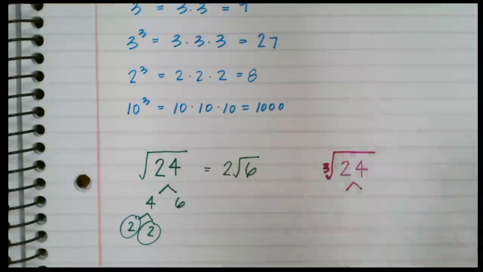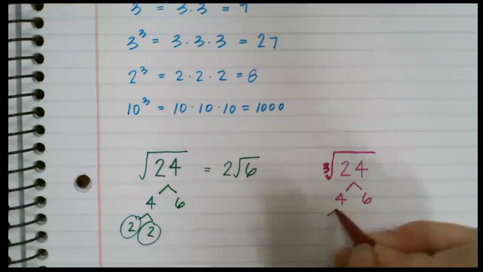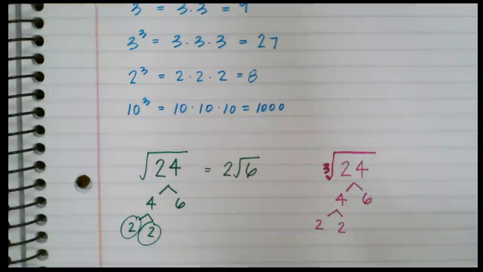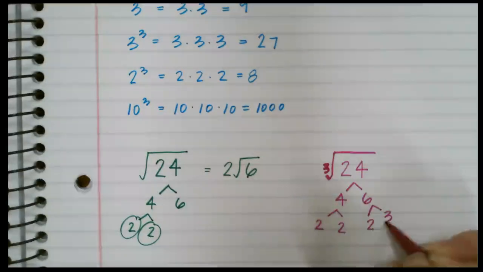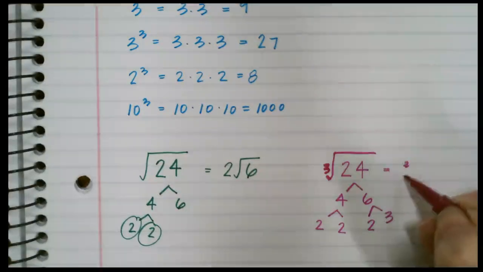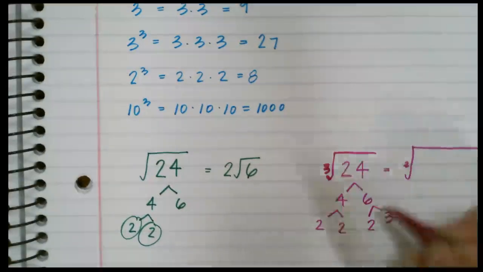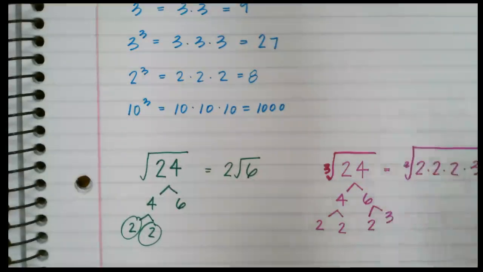So when we break down 24, we could say 6 and 4, and then we can break down 4 into 2 and 2, and 6 into 2 and 3. So for the cube root of 24, we have 2, 2, 2, and 3.